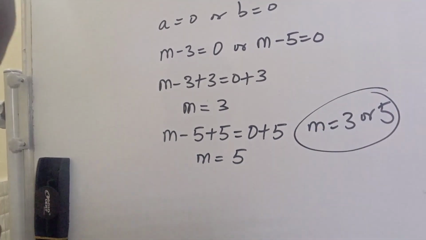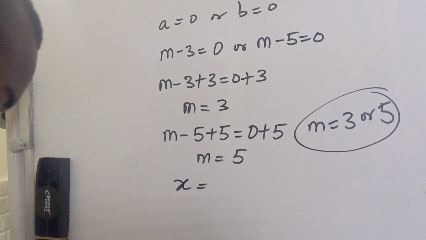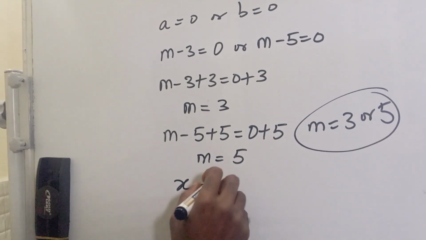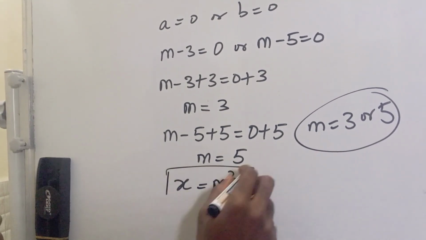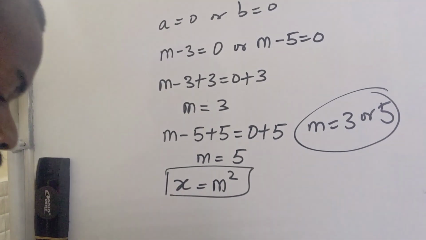We are now going to use this to find x. Remember, from the equation, we substituted x as m squared. So to find the solution, we have to find the value of x.